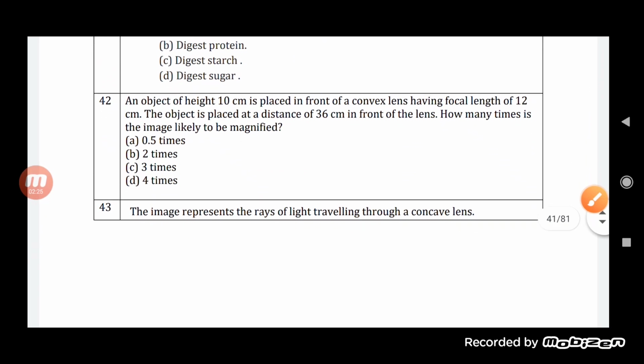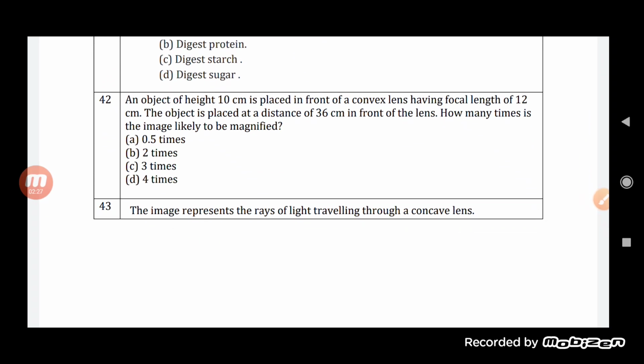Now you see here, the next question is: an object of height 10 centimeter is placed in front of a convex lens having focal length of 12 centimeter. The object is placed at a distance of 36 centimeter in front of the lens. How many times is the image likely to be magnified?